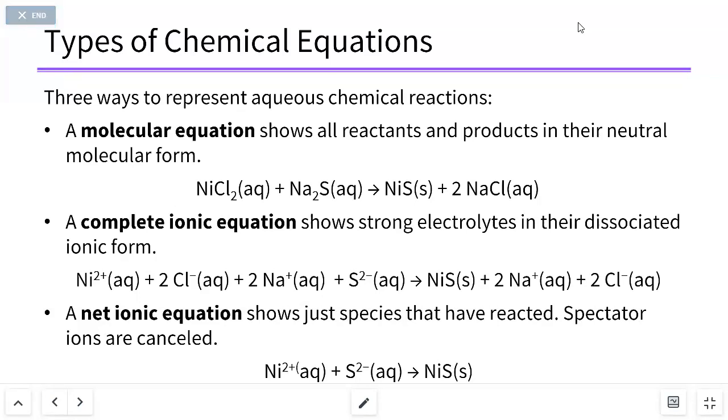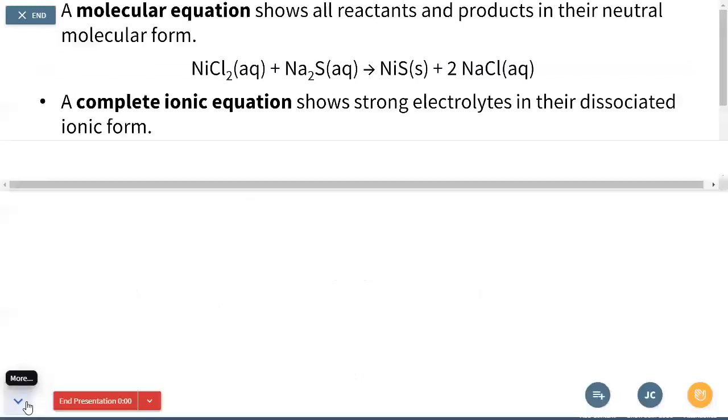And the reason we know it's not accurate is because we already know from what we talked about with dissolving things that those ions break apart from each other, but that equation doesn't show that. So on Monday, I'm going to talk to you about how to show that ionic character. And yes, it looks very complicated and sloppy, but it does actually help us to understand what's going on inside of that solution just a little bit better.